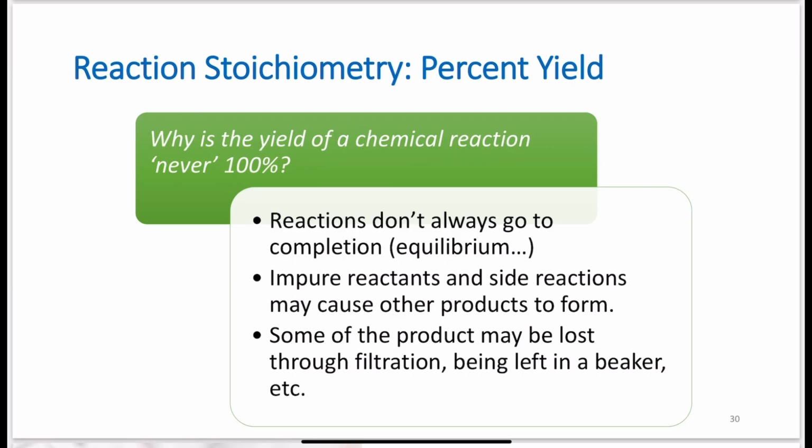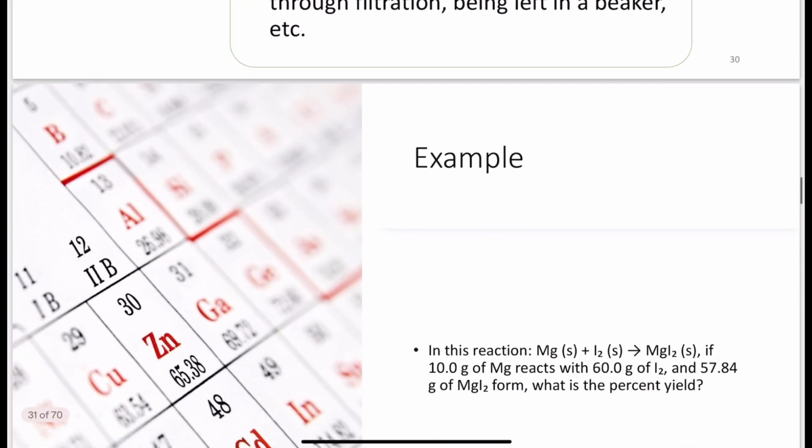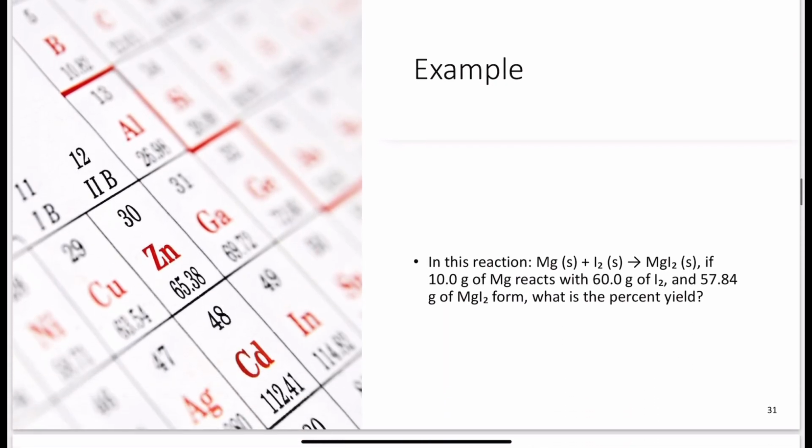Some people may ask, why is percent yield of the reaction never 100%? If it is greater than 100%, it means your sample's very impure. There's still probably a solvent in it, most likely water if you're in the Gen Chem world, or a different solvent depending on what you're using.